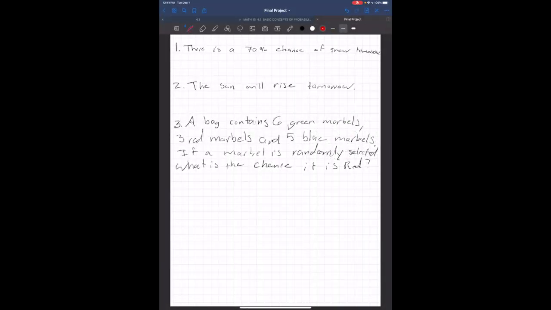So now that we've gone over the basics of probability, it's time to look at some basic questions and go over the answers and outcomes, and we can see how probability is used in real world scenarios. The first question is number 1. There's a 70% chance of snow tomorrow. How do you express this in a way that's understandable when talking about probability? Well, it would be 0.70, and that is the probability value.